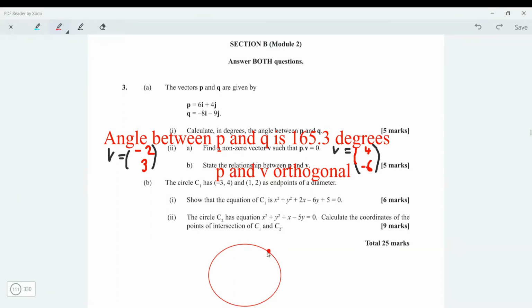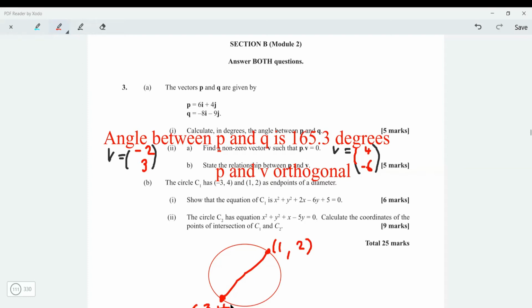Maybe 1, 2 is here, and maybe minus 3, 4 is here. All right, maybe this is how it looks. Show that this is a circle, where this point is 1, 2, and this point is minus 3, 4. Find the equation of the circle. That's literally what they're asking you to do.